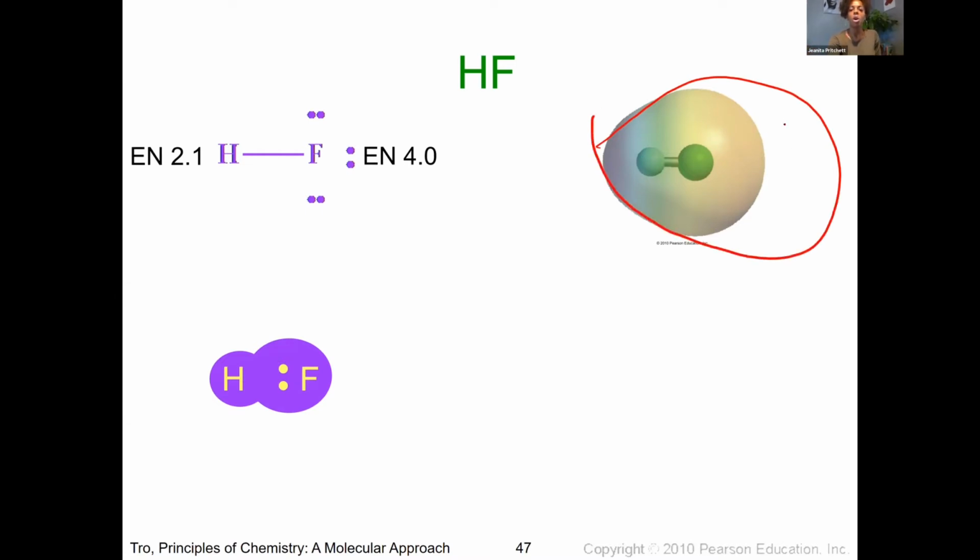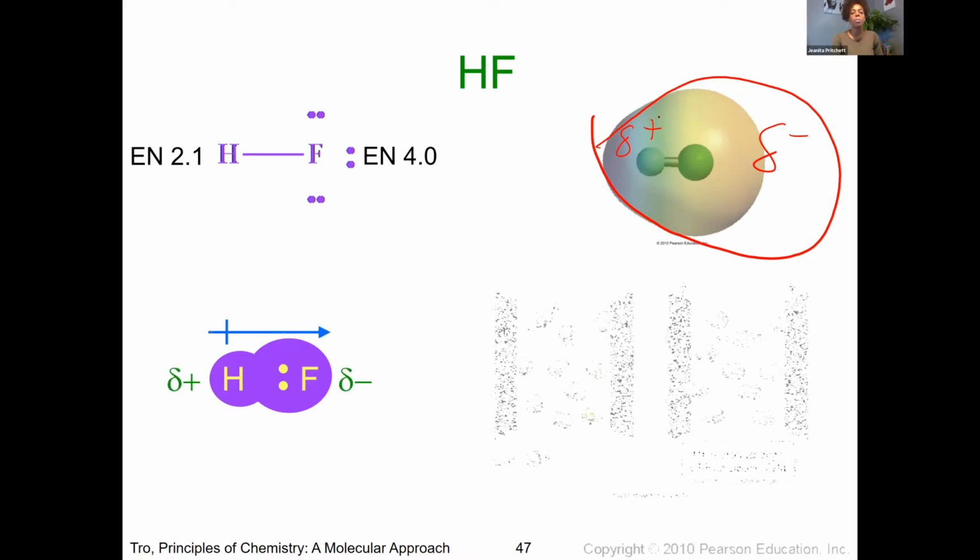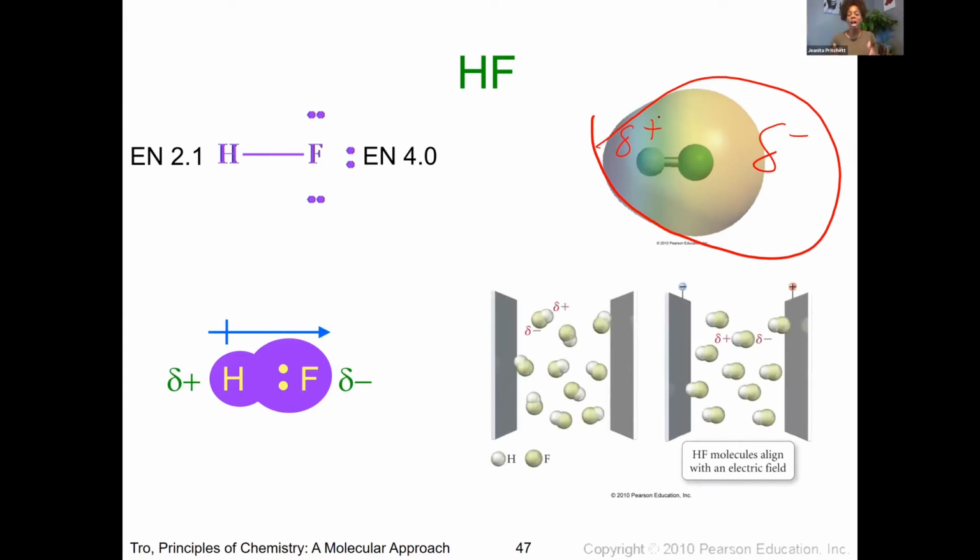Over here is where we would expect our negative or partial charge area, and over here would be that partial or pseudo positive region. The charge that's present can align and be attracted to different portions of the electric field, similar to what happens in ionic compounds. But again, they are not true charges. It's not like an ionic compound.